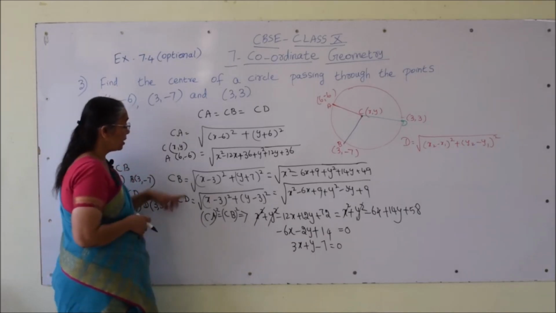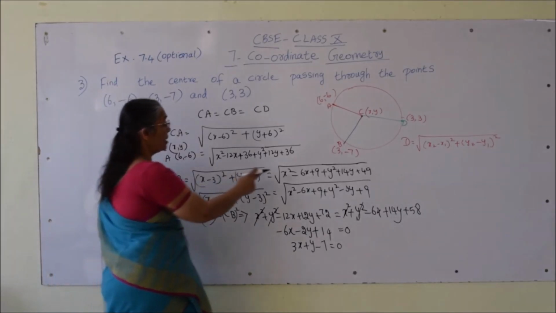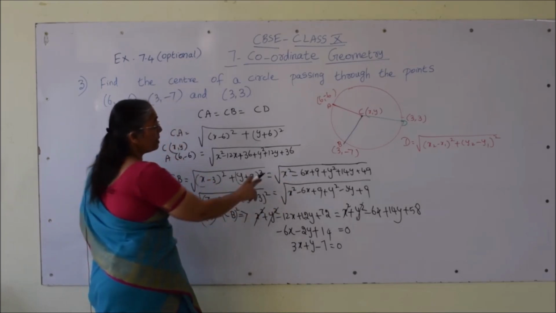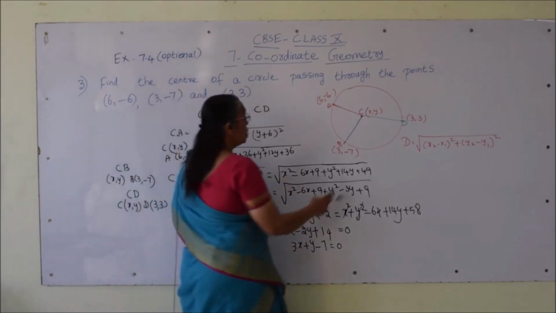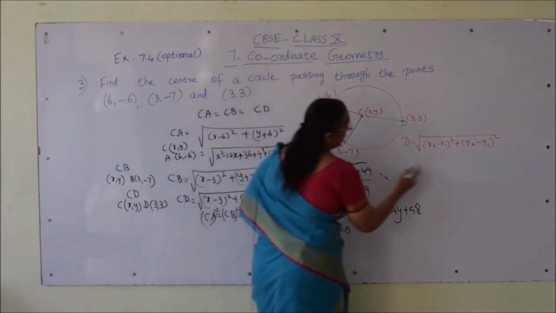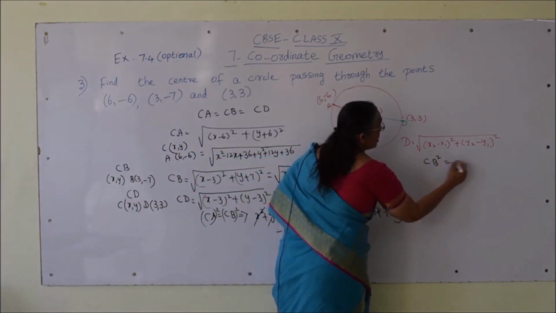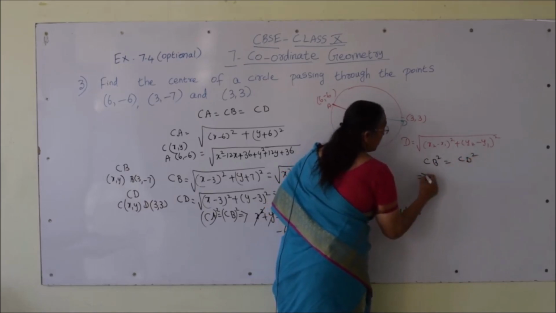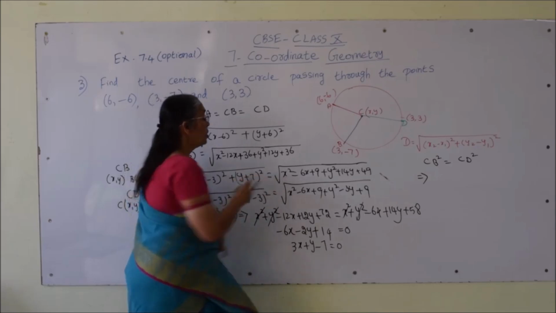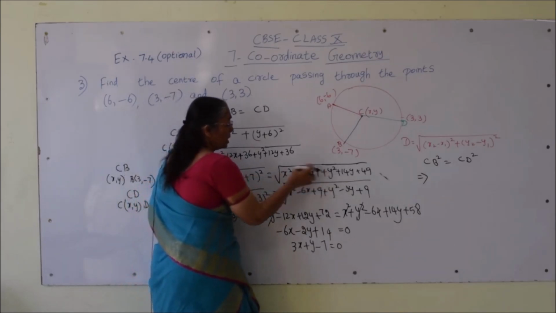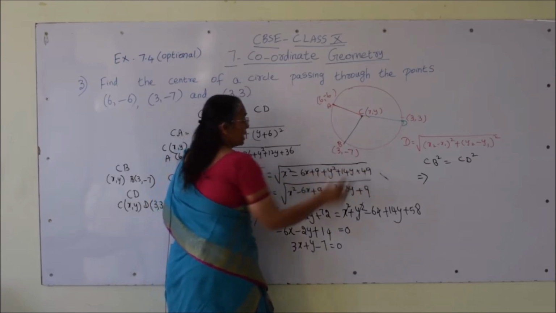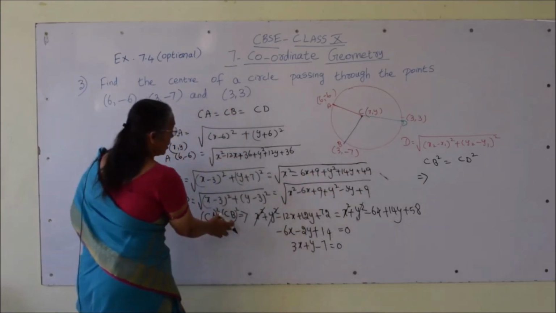Now, let us do that one. CB value is given, and this is CD. Again CB square is equal to CD square, so the root will go off. CB square is equal to CD square: this is the CB square value, x square plus y square minus 6x plus 14y plus 58, already we have done CB square.